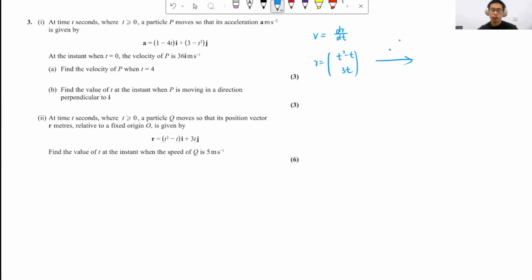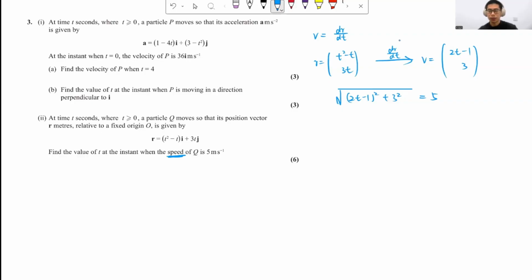So if we differentiate with respect to t, then v is just equal to, so t squared minus t will differentiate to 2t minus 1, and then 3t will just differentiate to 3. And then the speed is the magnitude of the velocity. So to work out the magnitude, we can just do square root of (2t minus 1) squared plus 3 squared, and that will give us 5.